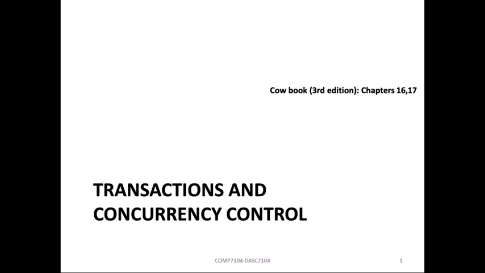The concurrency control discussion is covered in the COW book, 3rd edition, chapters 16 and 17. We will start by clarifying what a database transaction means, first rather informally, with a real world example, just to give you a little idea of what these two sections, concurrency control and crash recovery, will be about.